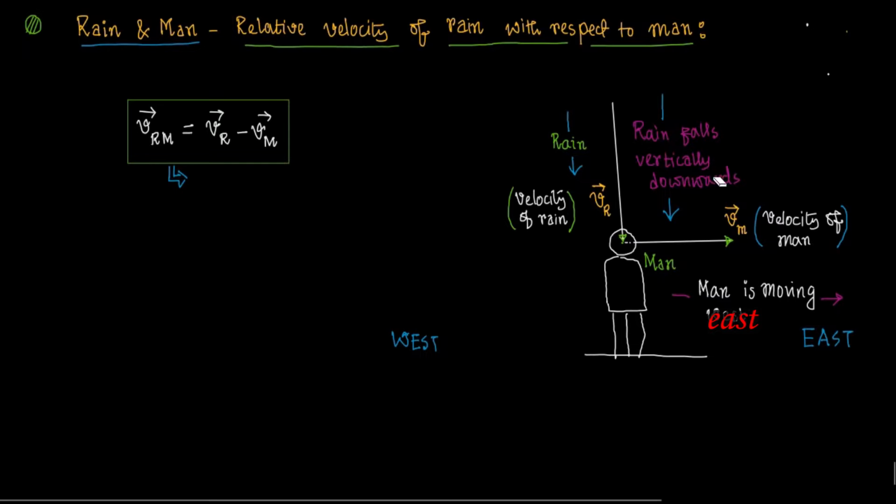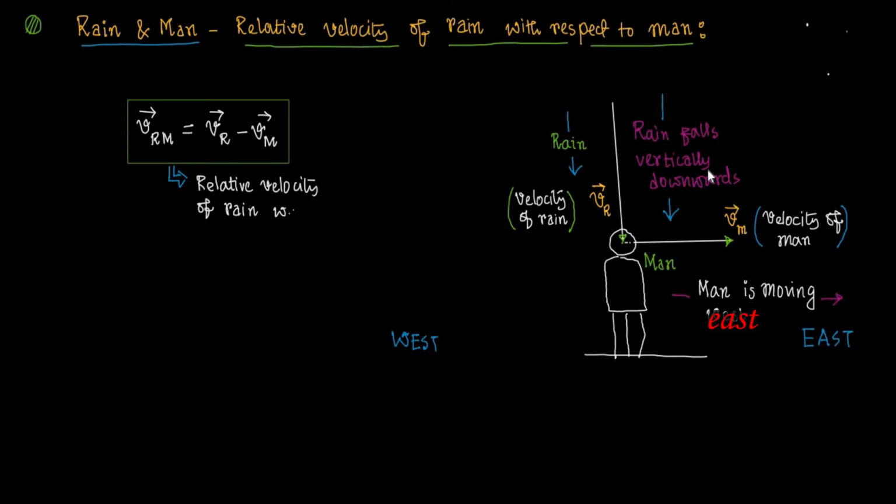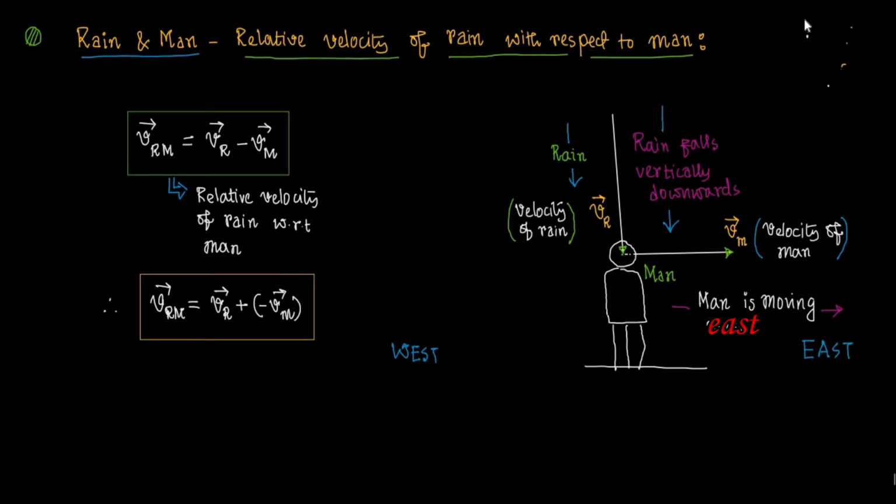So vector vrm can be written as vector vr plus, under bracket, minus vector vm. That is the relative velocity of rain with respect to man.